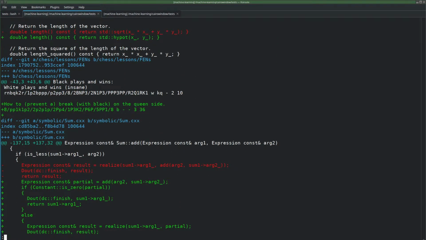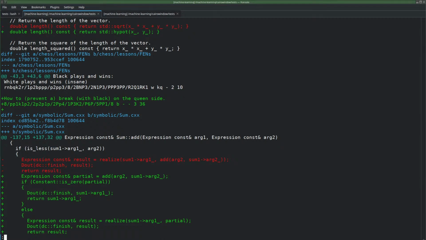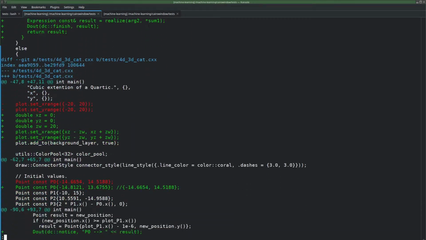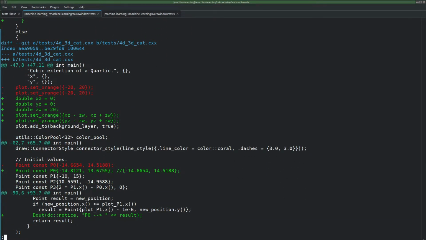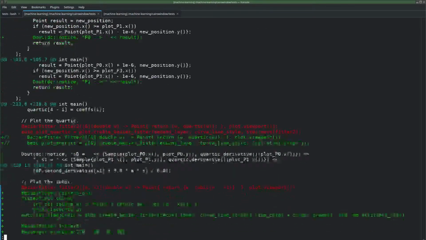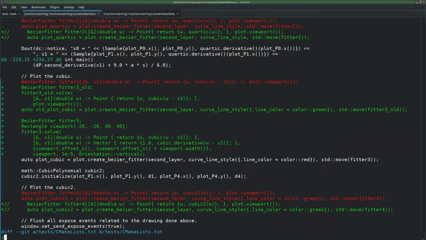And that's a new one. What is this? Oh yeah, bug fixes in symbolic. And what is this? Yes, well, work in progress mess-up of the test program, because I wanted to abuse it for something else, so maybe I should not commit that.